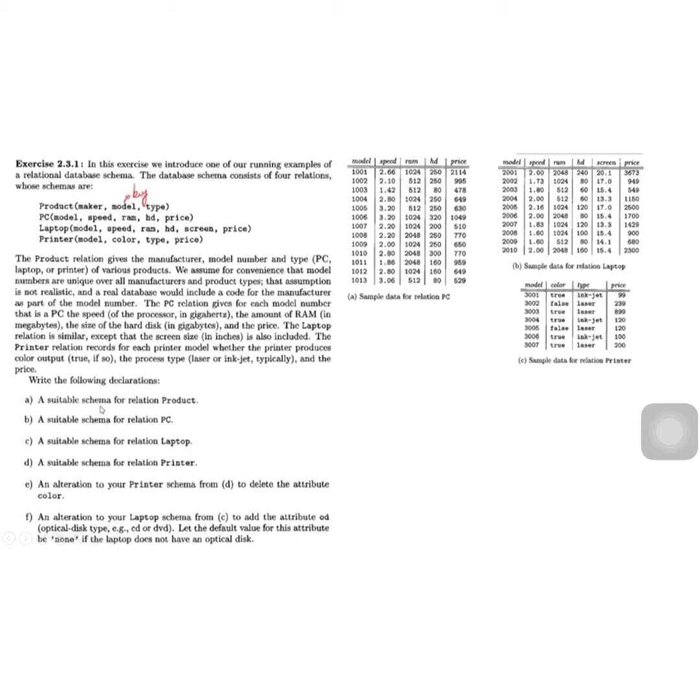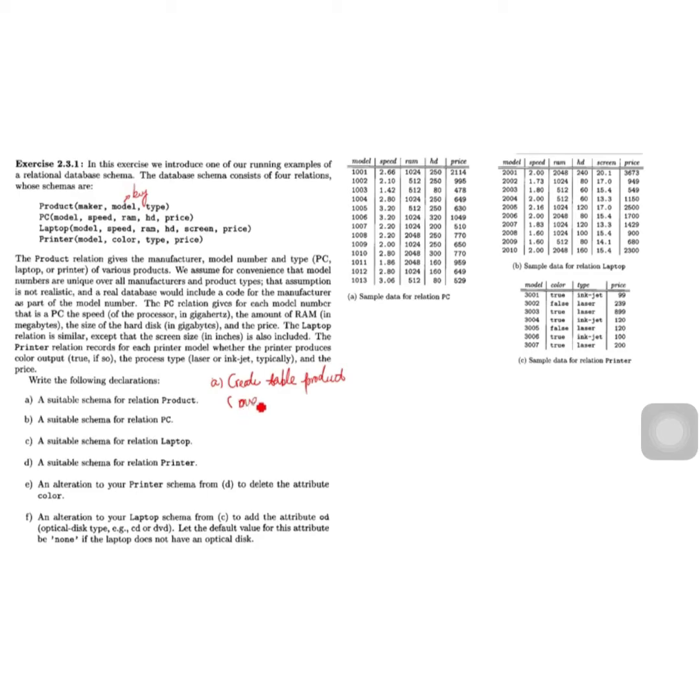Choose a suitable schema for relation Product. If we want to create a table, we'll use the sentence CREATE TABLE, with table name Product. Now we'll list the attributes.